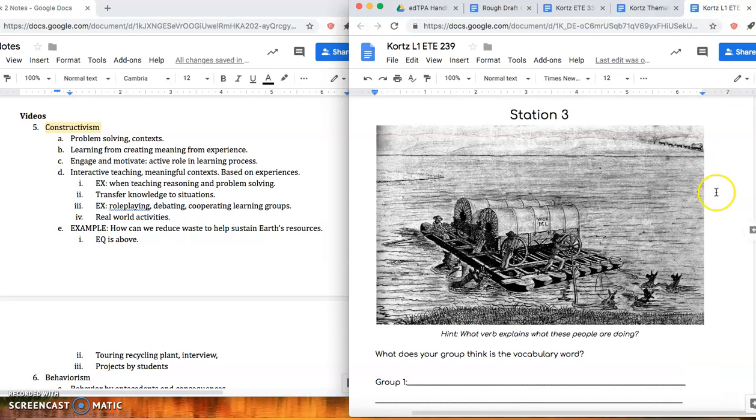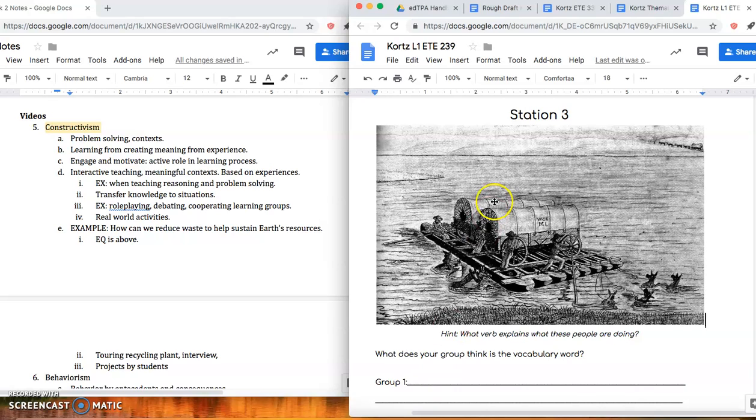Alright, so for ETE 239, I taught about the pioneers. We were talking about westward expansion in my class. And before teaching my lesson, I decided to have vocabulary stations, where I included a picture of the vocabulary word along with a hint, and asked the students to work in groups in order to hypothesize what the vocabulary word was.